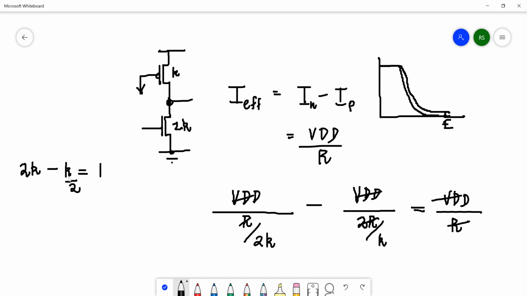So 2K minus K by 2 equal to 1 gives K equal to 2 by 3.